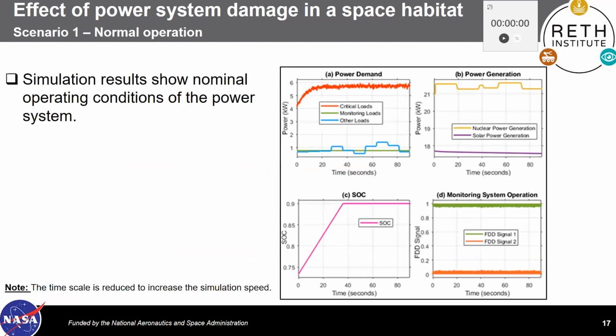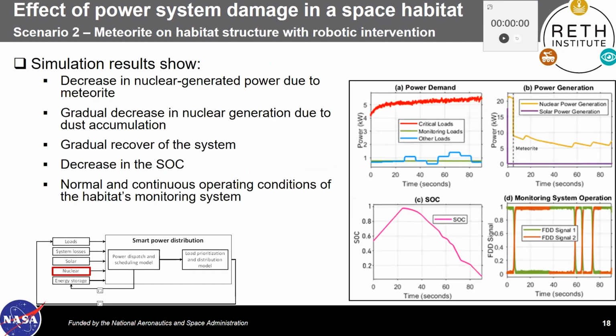In the second scenario, we introduced a meteorite with high intensity level on the nuclear reactor, and the nuclear generation decreased. However, the system was still able to maintain all the loads because we had robotic intervention repairing the damages.